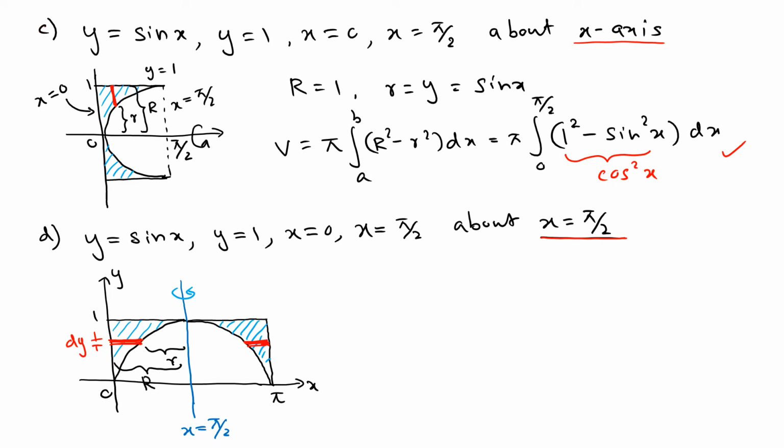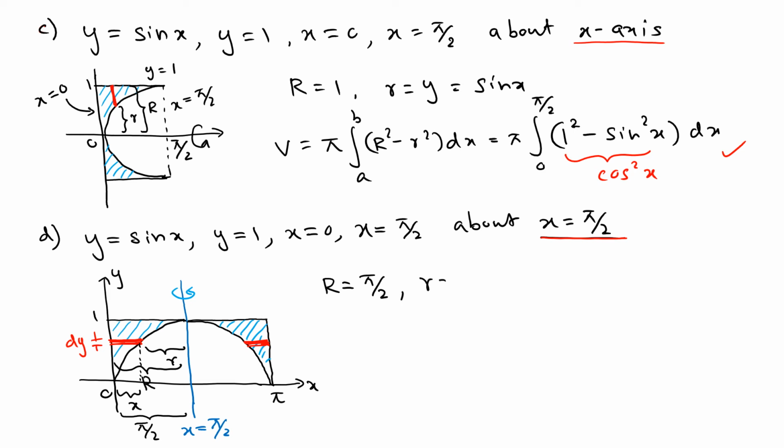We're going to look at the x coordinate, and you can use that to find those radii. You can see this length is pi over 2. So we can use that to find the radius. The larger radius is fixed, which is pi over 2.